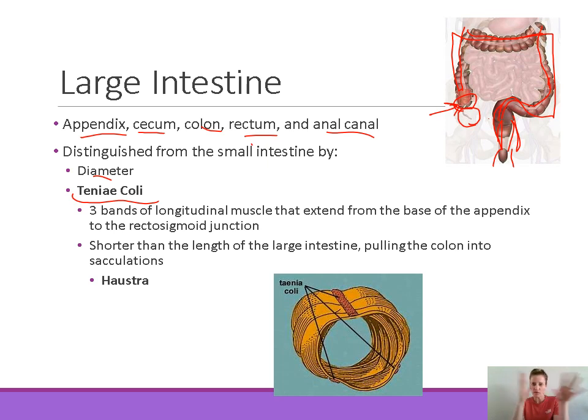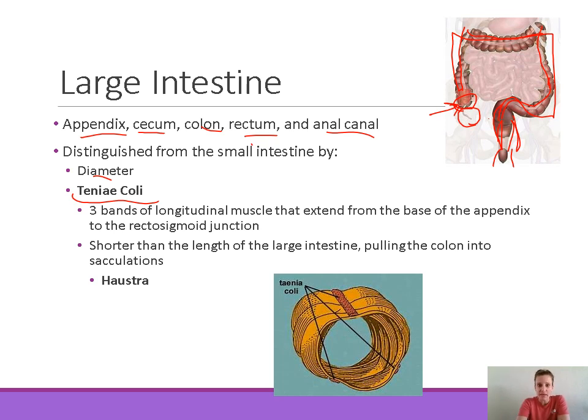Throughout all of the small intestine, there's a layer of circular muscle that goes around the tube, and then there's a layer of longitudinal muscle that goes along the length of the tube. When we get to the large intestine, there's circular muscle everywhere, but there's not a complete layer of longitudinal muscle. There's just 3 bands of longitudinal muscle. We refer to those as the tenia coli.